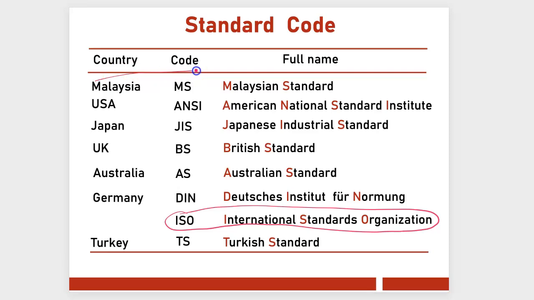We also have the Malaysian standard, but mostly we use ISO. Japan is called JIS, USA is called ANSI, UK is called BS, Australia is called AS, Turkey is TS, and so on. What is relevant to this class is going to be MS as well as ISO, but the one that we will use for our software later on is ISO.